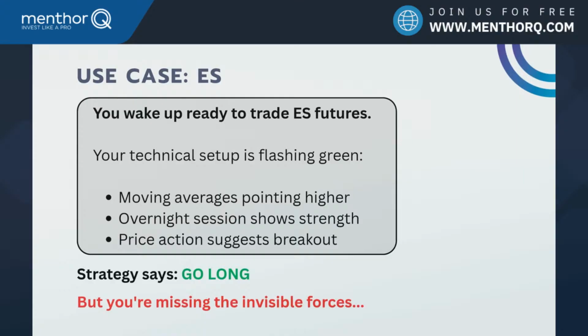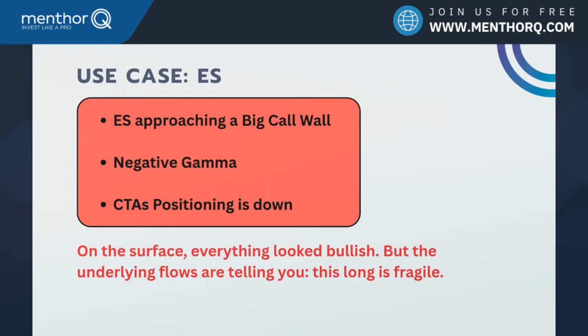If you only look at the chart, you're missing a lot of the invisible forces shaping the futures market. So here is what MenthorQ can show you before you take the trade. Let's look at ES. We can show you that ES is approaching a big call wall, a big call resistance level, with a lot of gamma expiring today.